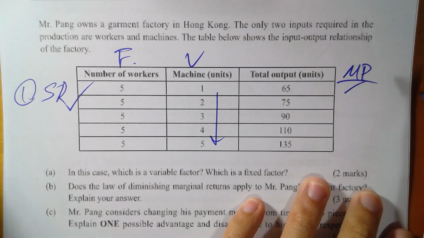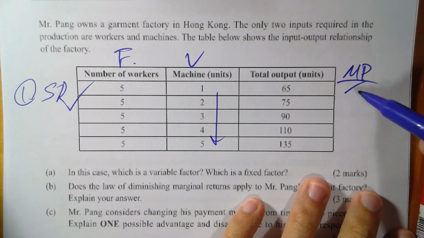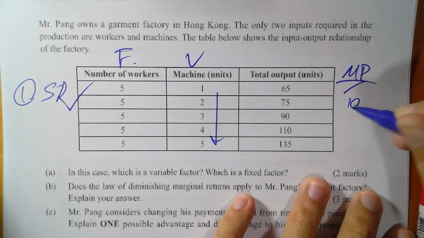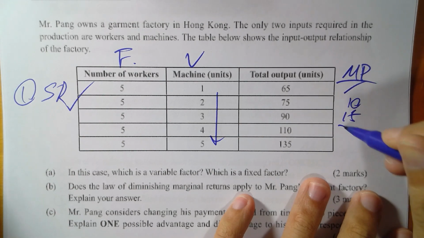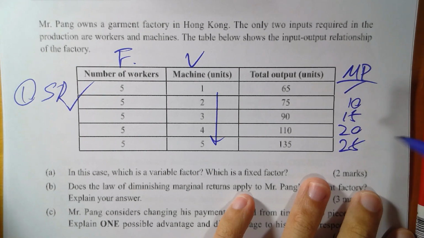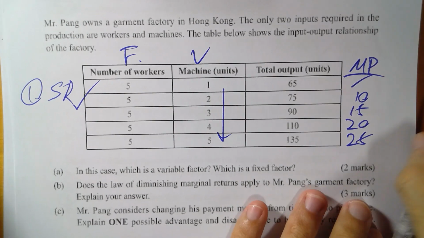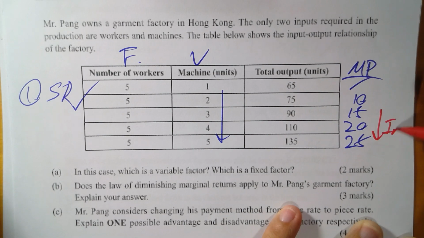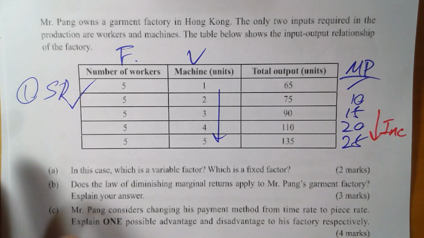I don't know the first one. And then the second one, 10, 15, 20, 25. You see, the whole way they keep on increasing, no diminishing.